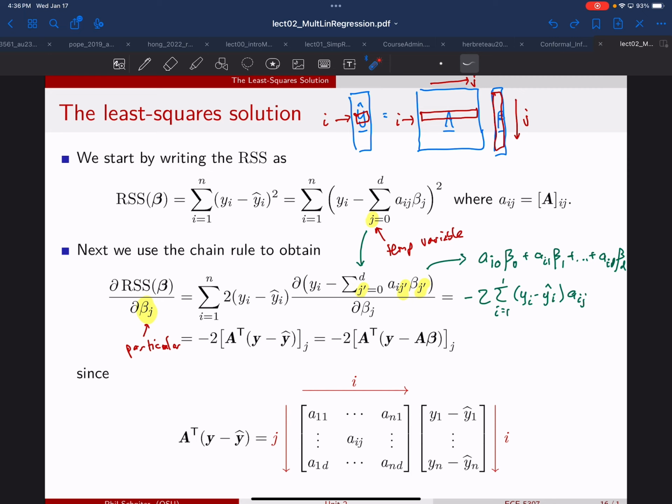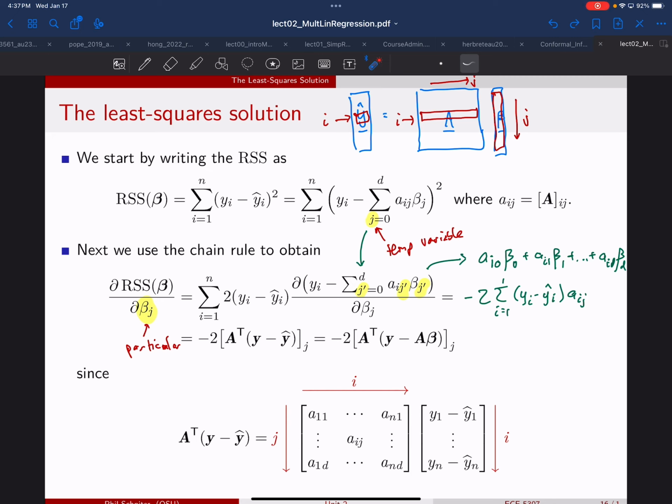Yes. Does that particular beta j come from whenever we were looking at the gradient of RSS, which entry in the vector we're at? Yeah. Eventually we need to do this for all the j's, and we're exploiting the fact that there's a similar structure across all the j's. So once I do it for an arbitrary j, I get it done for all of them.